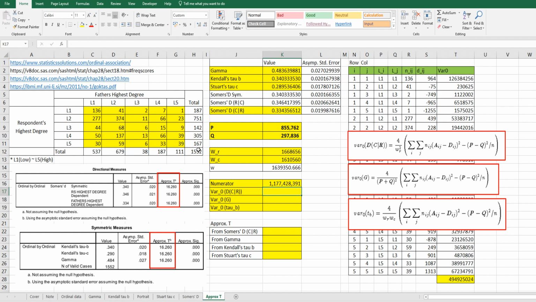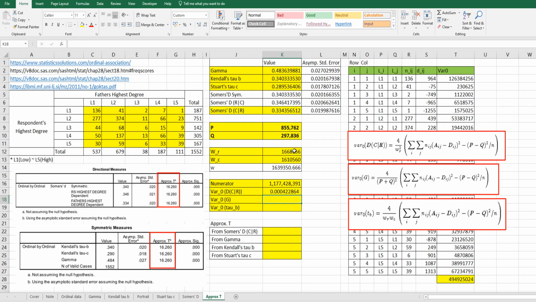Alright, so let's get the variance of Somers' D. So numerator part over WR squared here, this one.